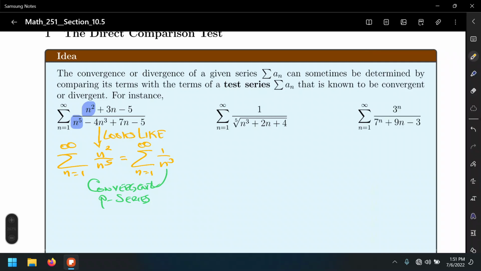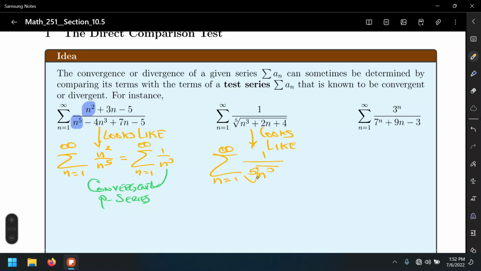For the next example, we have the series sigma n equals 1 to infinity of 1 over the 5th root of n cubed plus 2n plus 4. Well, in this case, we can neglect the lower degree terms inside of the radical and say that this looks like sigma n equals 1 to infinity of 1 over the 5th root of n cubed.